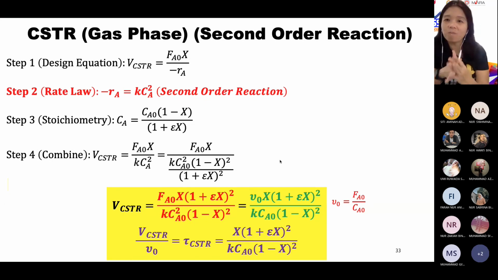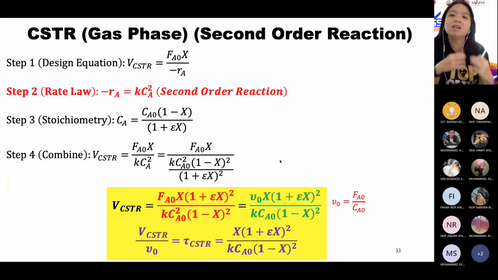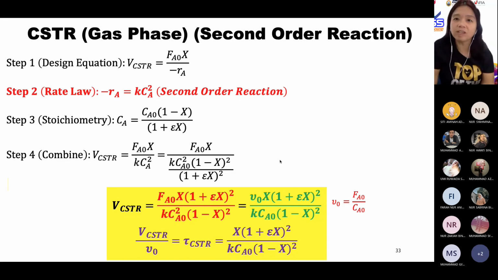Sometimes saya kata reaction ni complex in that sense. Saya tak tukar raw material, saya tukar temperature pun dia dah jadi tindak balas berlainan. Means kalau tindak balas berlainan, rate law berlainan, the entire Dz equation dia pun dah jadi berlainan. Or let's say you use the same reaction, okay, katakan dia menggunakan raw material yang sama, but instead of in the liquid phase, kamu pergi guna dalam bentuk gas phase.